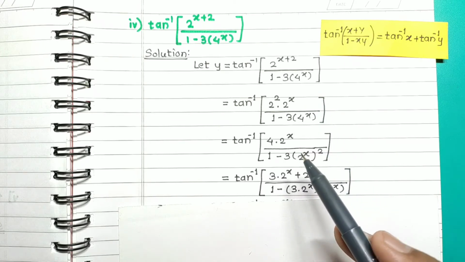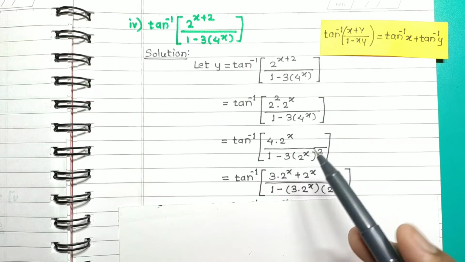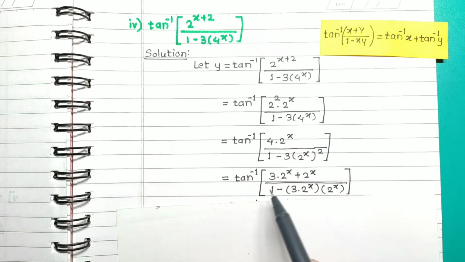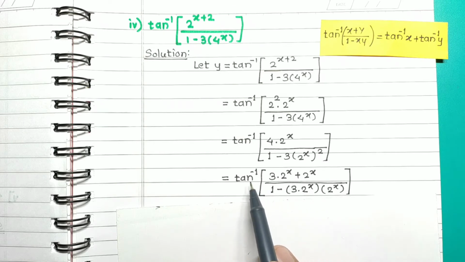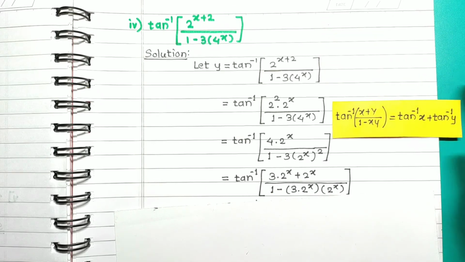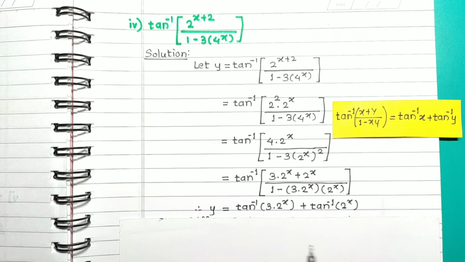Use properly the rules of indices, and then you will get this simplification. Now see here, at this step we have arranged this tan inverse function like this property. So like this we can split this function as y is equal to tan inverse of 3 into 2 raised to x plus tan inverse of 2 raised to x. Now it is split and it is in simplified form, so we can differentiate it easily.